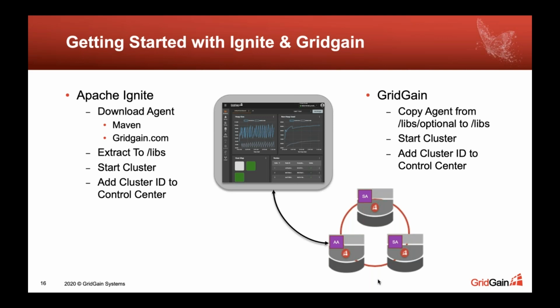If we're on the Ignite side, we need to grab that agent either from the GridGain Maven repository, or download it from gridgain.com and drop it into our Ignite libs directory. Once we start the cluster, you'll be presented with a token ID, which is used to authenticate the cluster to the monitoring tool, and then you're good to go.